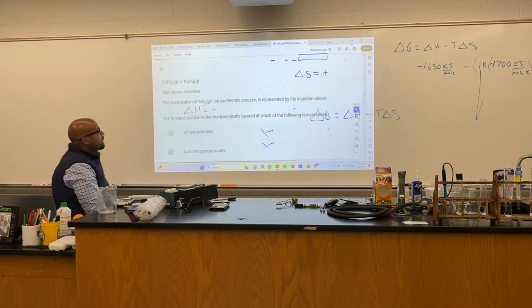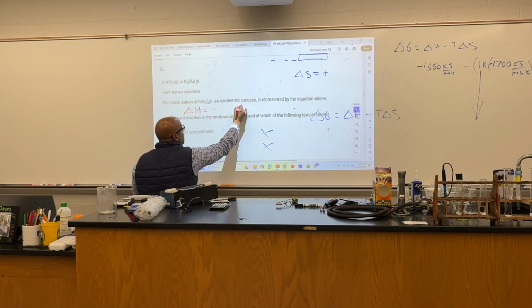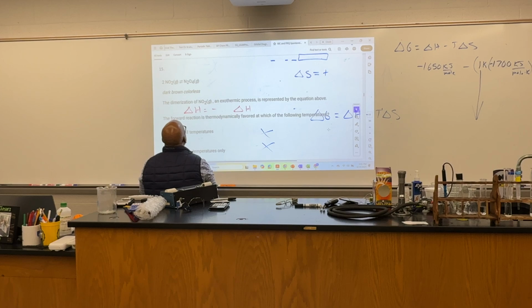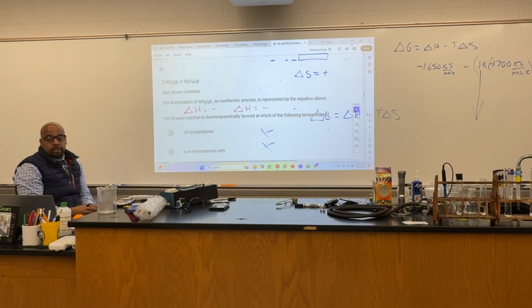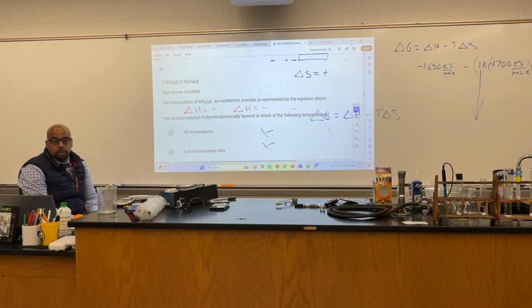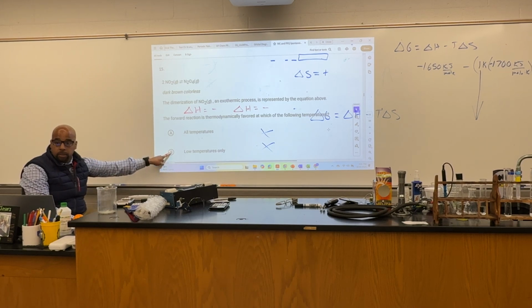All right, my delta S, based upon looking at this reaction, is going to end up being what? Positive or negative? It's negative as well. At what temperature is this thing going to take place? Low temperature only. So are we okay with this here? Okay.